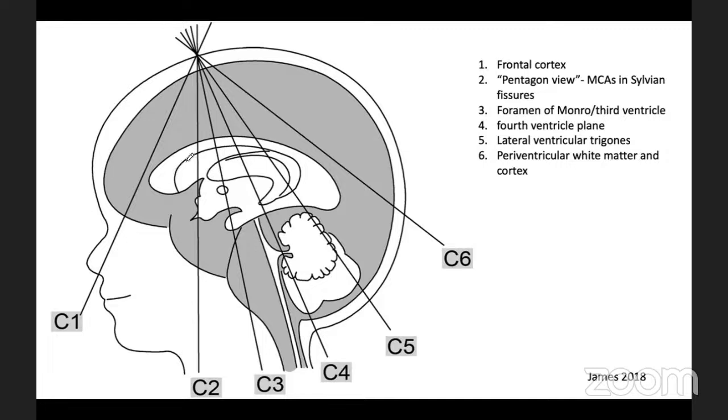The second one is also called the pentagon view, in which you will find the Sylvian fissure. The third is the cut you will do at the level of the foramen of Monro and third ventricle. The fourth cut will be in the fourth ventricle plane. In the fifth one, you will find the trigone of the lateral ventricle, and finally C6 will represent the posterior occipital parietal lobe.